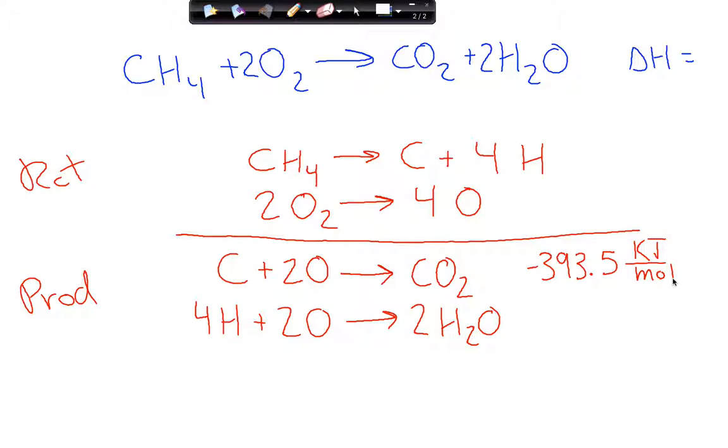No, so where does the water go? It forms as a vapor. So it would be more appropriate to use water vapor, and that would be negative 241.8. Kilojoules per mole.